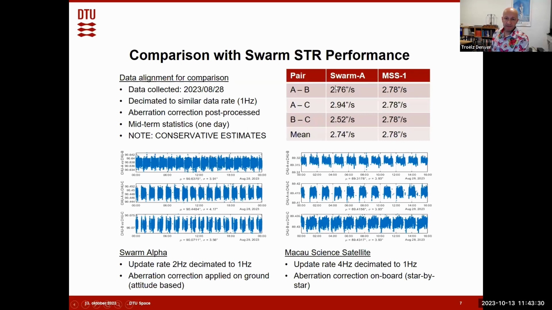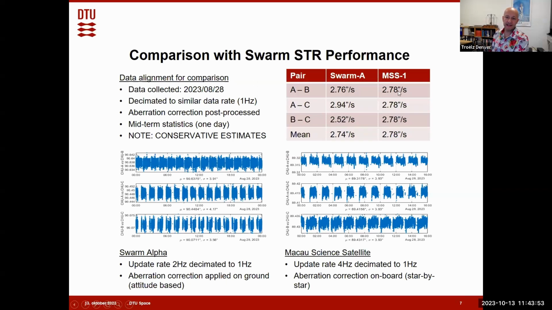And I end up with 3 different pairs on the Swarm A spacecraft for the same day, and they end up here, and from MSS1 they end up here. Now it looks like I've been doing some copy pasting here. This is not the case. They are actually almost spot on to each other, the 3 different pairs here.